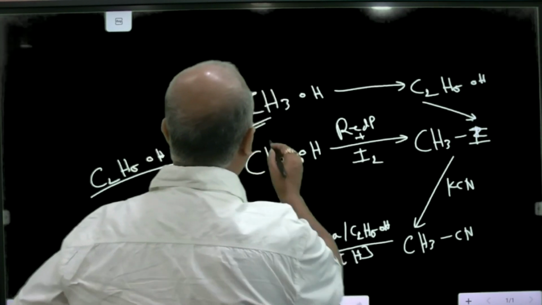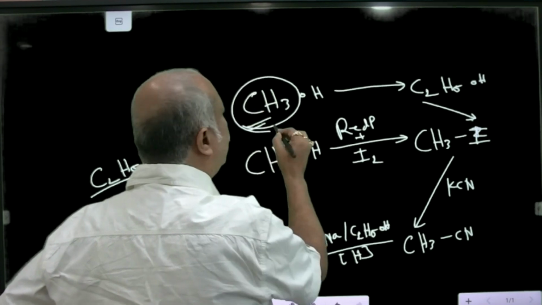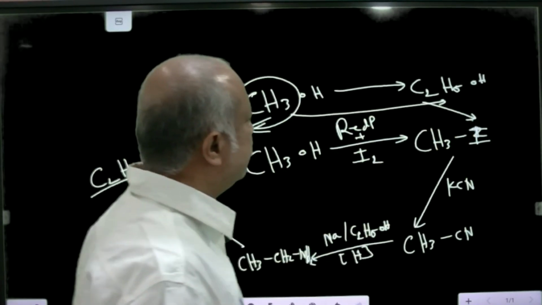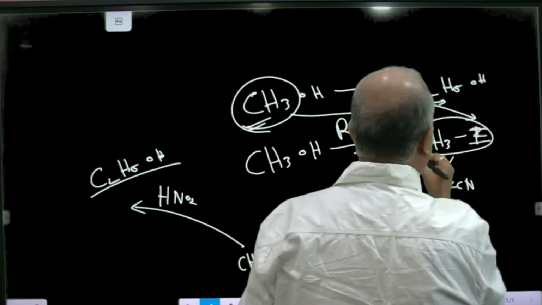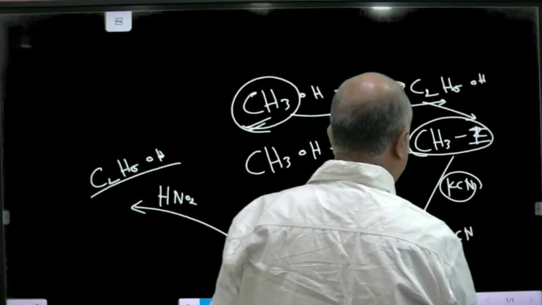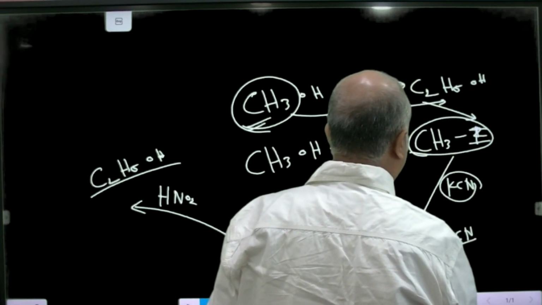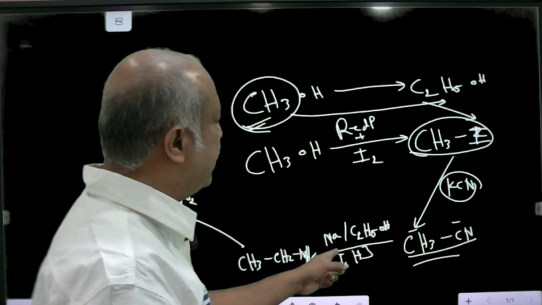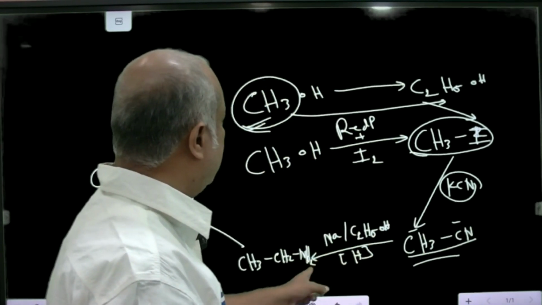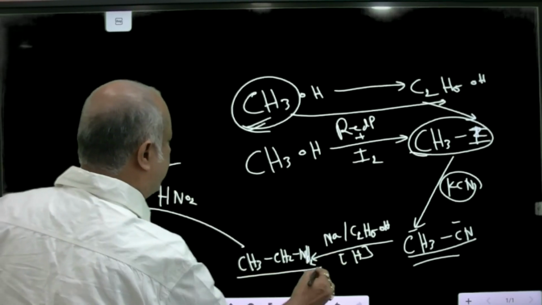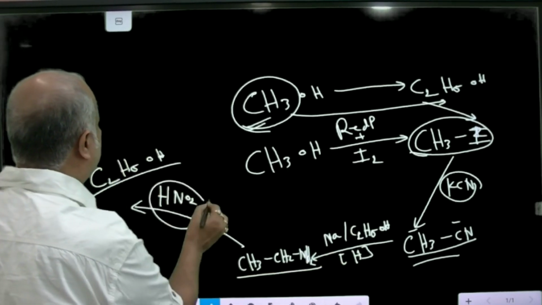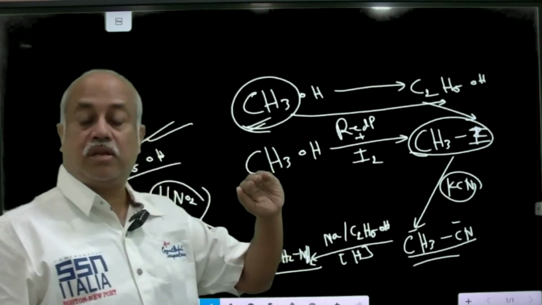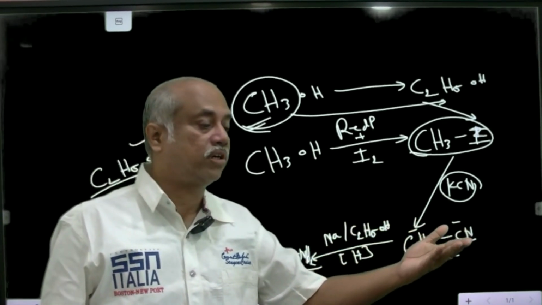Lower alcohol means methyl alcohol, higher alcohol means carbon number increases. First you take alkyl halide, then react with KCN to get methyl cyanide, then carbon number increases. After that, sodium and ethanol, that is the well-known reagent, reduction with sodium and ethanol, it will give the primary amine. Primary amine reacts with nitrous acid to get ethyl alcohol.